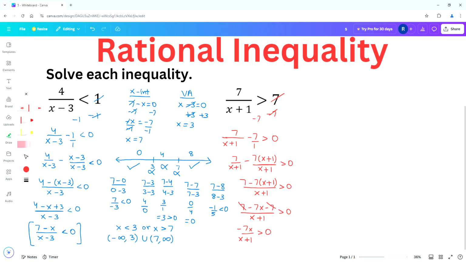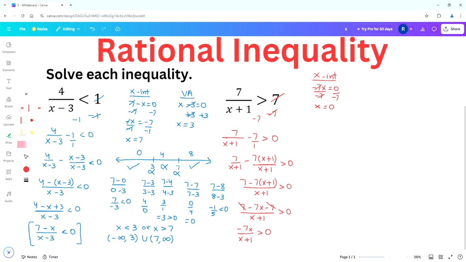Next, we should find the x-intercept and vertical asymptote for this rational function. Let's start with x-intercept. For x-intercept, we should set the numerator expression equal to 0 and solve for x. I get x equals 0.